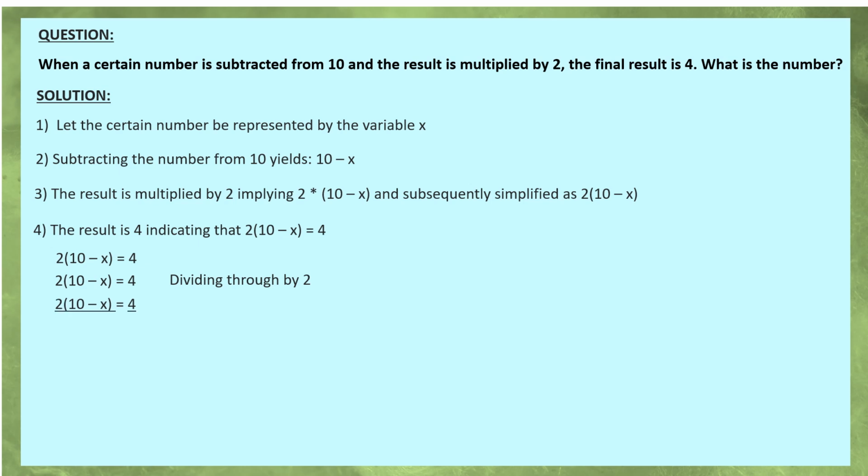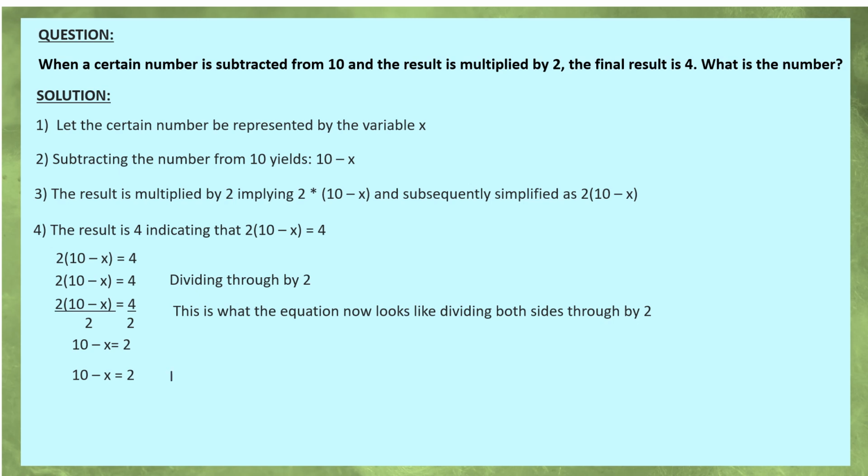So if we divide it through by 2, this is what it looks like. And then when we divide 2 by 2 on the left hand side, it cancels out, which is because it's 1. And then if we divide 4 by 2 on the right hand side, we have 2. So the equation is simplified as 10 minus x is equal to 2.